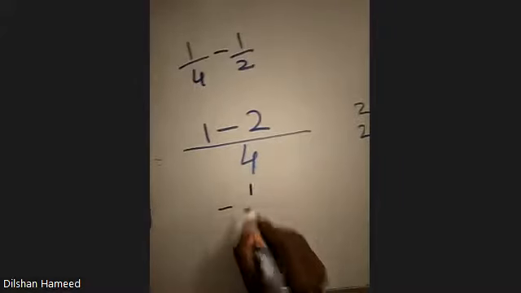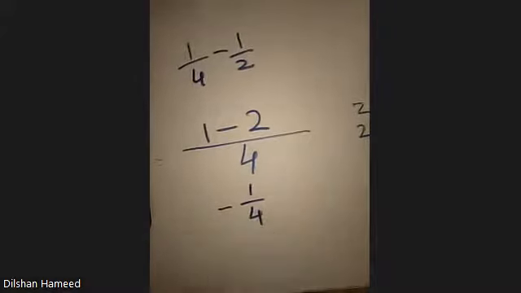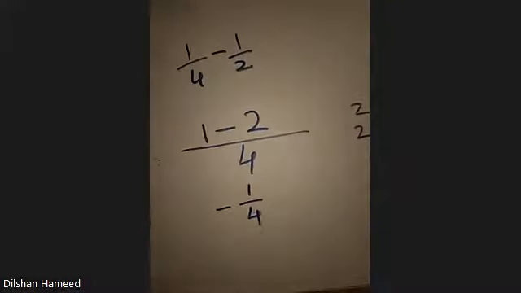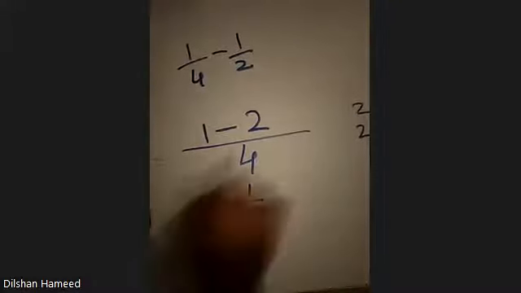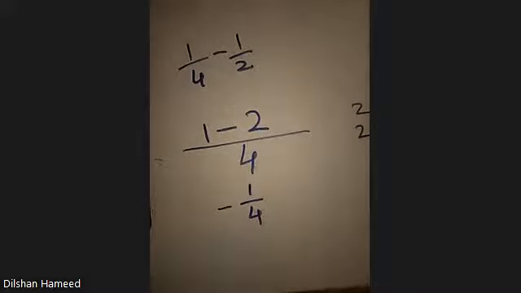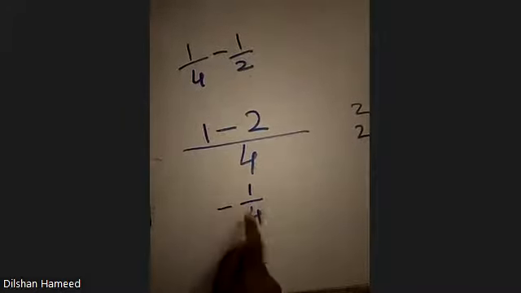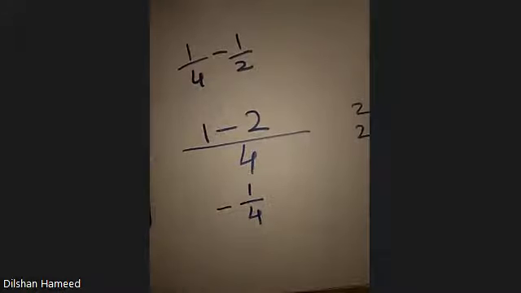Minus 1 upon 4. The minus doesn't go away because it's 1 minus 2. You have that minus remaining. So you just write it minus 1 upon 4. A quarter piece is minus. Right.